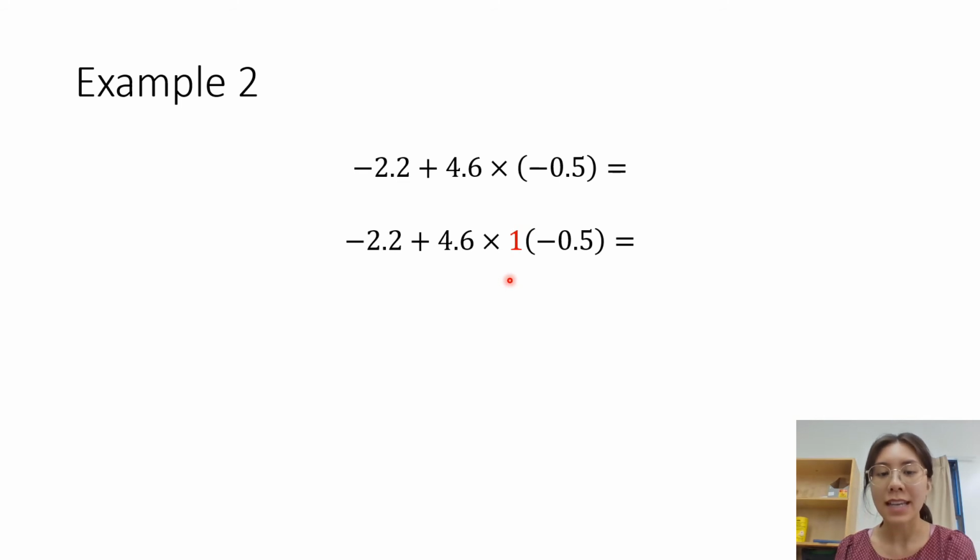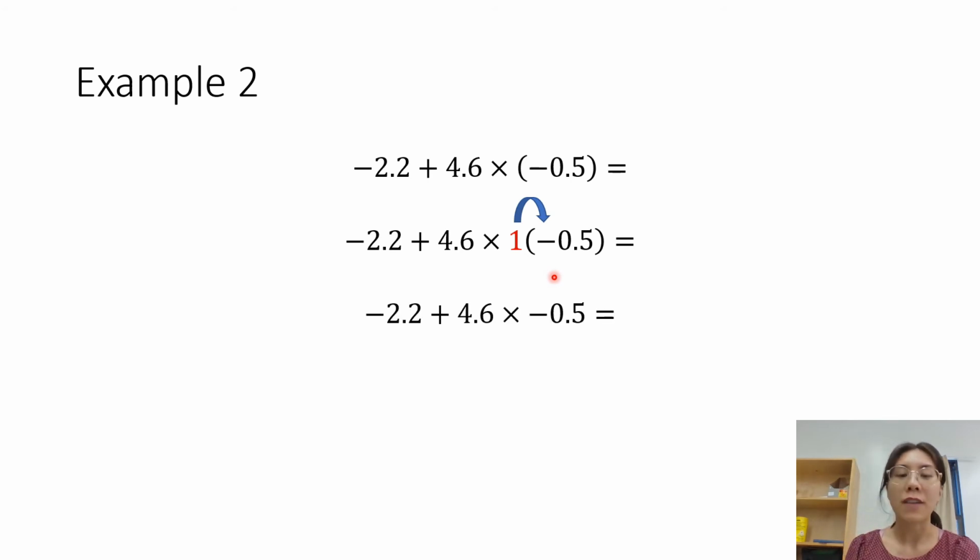Now this 1 is positive, and so this positive 1 multiplied by a negative 0.5 will take away the bracket and we are left with negative 0.5. So now our operation goes negative 2.2 plus 4.6 multiplied by negative 0.5.